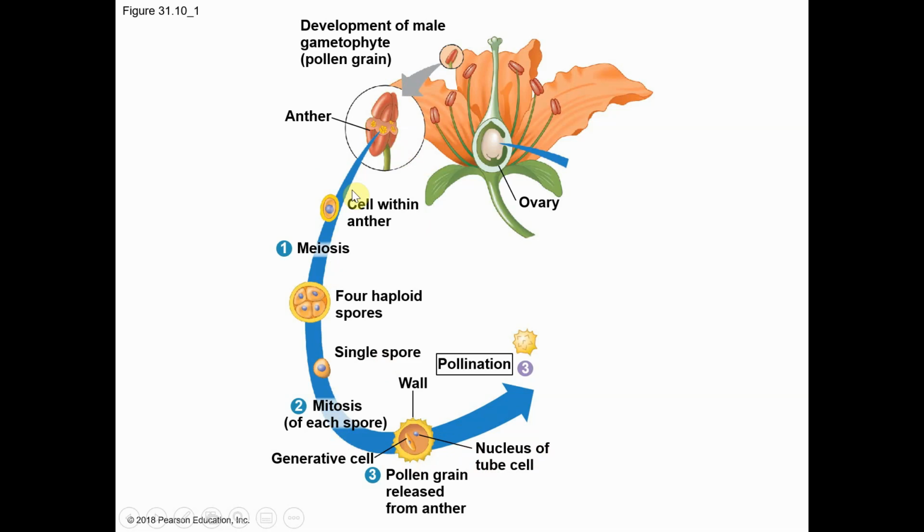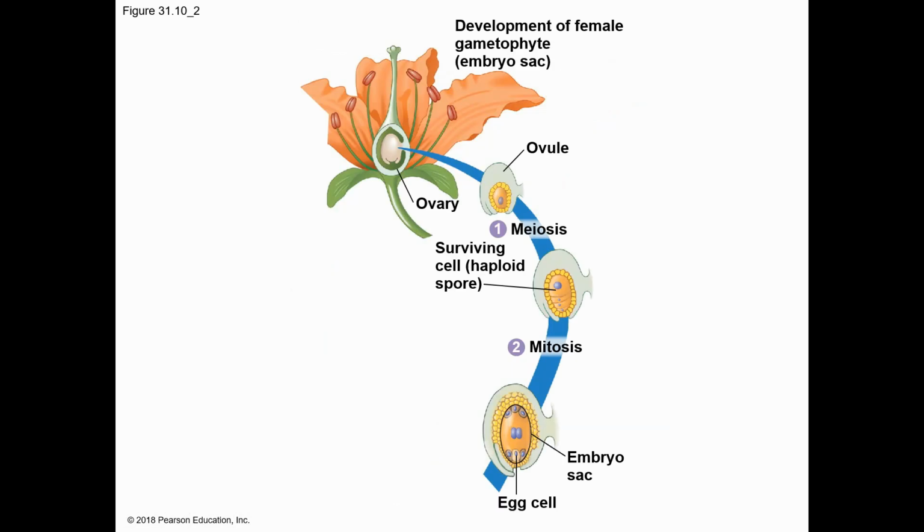But all of this is very microscopic, as I've said, and hard to detect, especially without microscope slides. That's not something I would expect you to remember, all the little details shown here. But let's look now at the female aspect and the ovary.